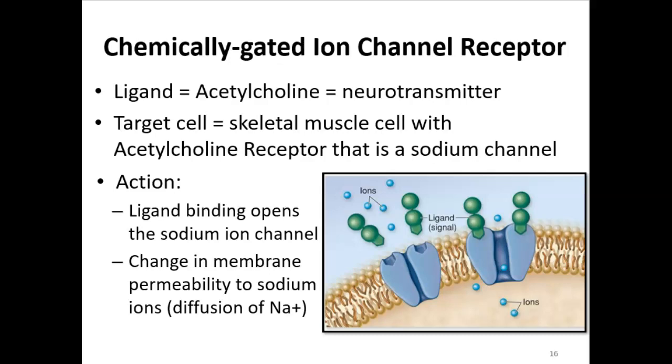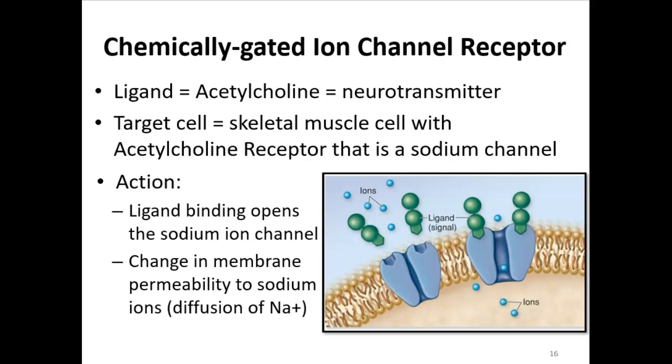The ligand in this case is acetylcholine, which is a neurotransmitter, and the nerve innervates a skeletal muscle. So the target cell is a skeletal muscle cell. It has an acetylcholine receptor that's a sodium channel.